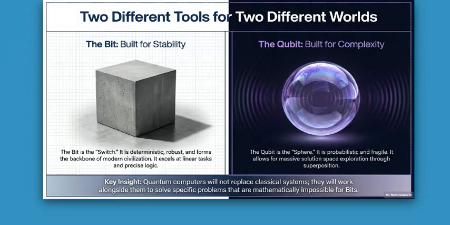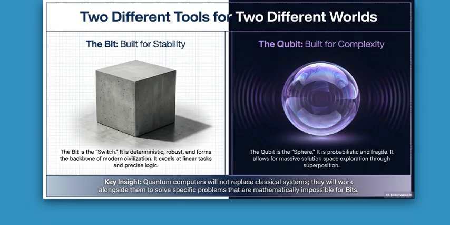They absolutely will not. You aren't going to have a quantum processor in your pocket checking your email or streaming video for you. The source is very clear on this. Qubits are designed to work alongside bits to solve specific problems that are mathematically impossible for classical computers. So they're just different tools. Exactly. Different tools for different worlds. You wouldn't use a particle accelerator to slice bread.